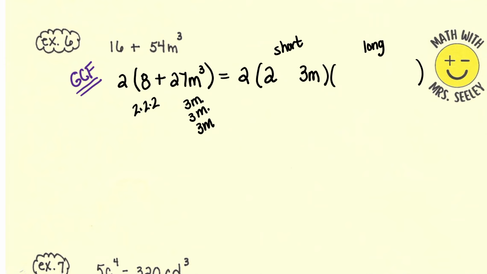That's what goes there. You know the sign has to be a plus because that's the sign in the original problem. So the short is a plus, and then the long goes plus, minus, plus. They alternate on the plus, minus, plus. So my sign, because that's a positive, is going to be plus, minus, plus.